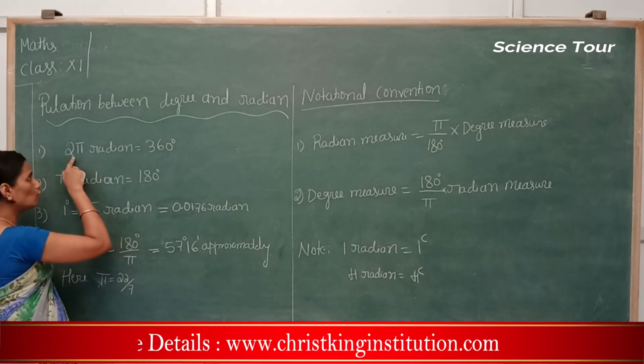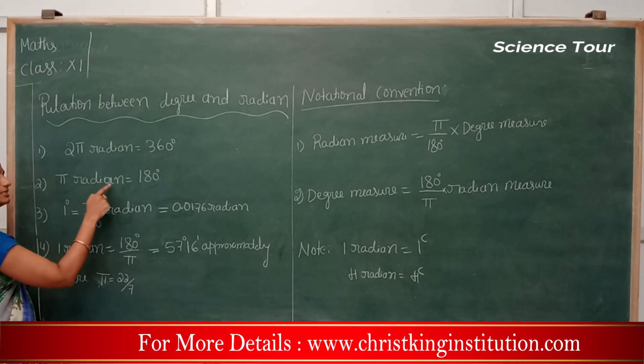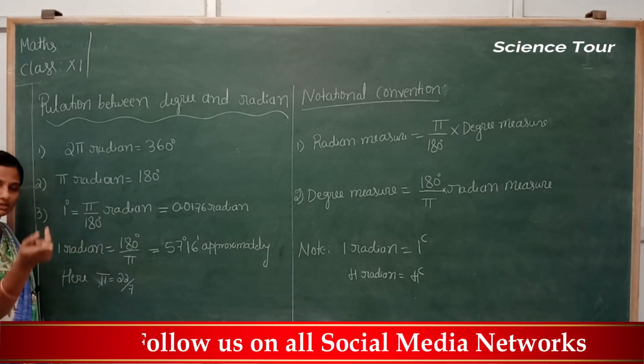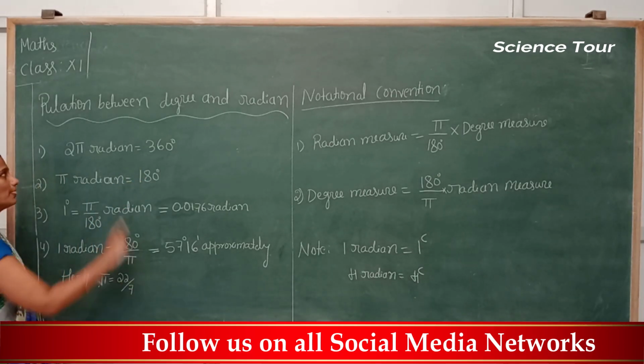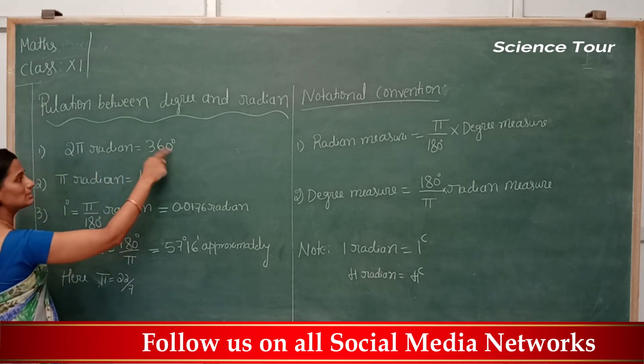So 2 pi radian is equal to 360 degree, and pi radian is equal to 180 degree. So pi radian can be substituted in terms of degree as 180 degree, and 2 pi radian as 360 degree.